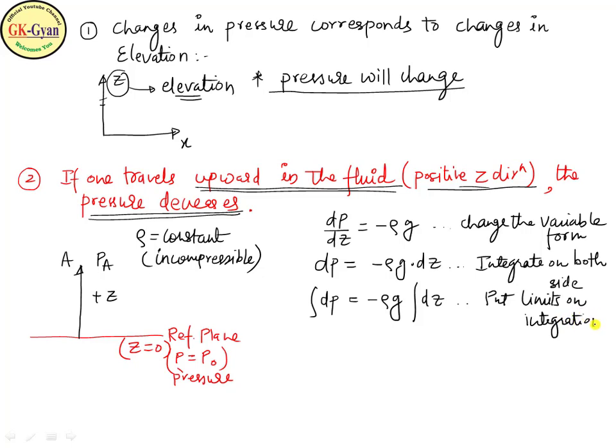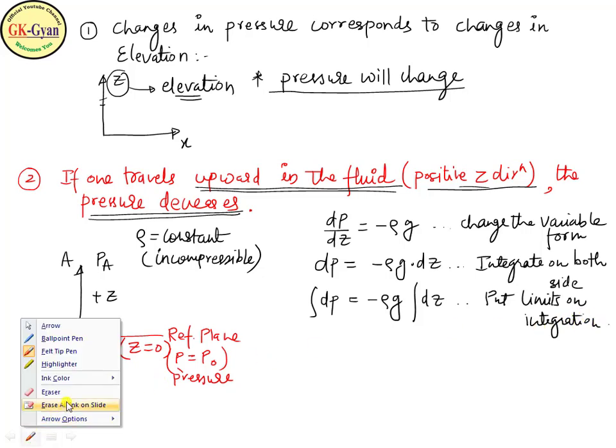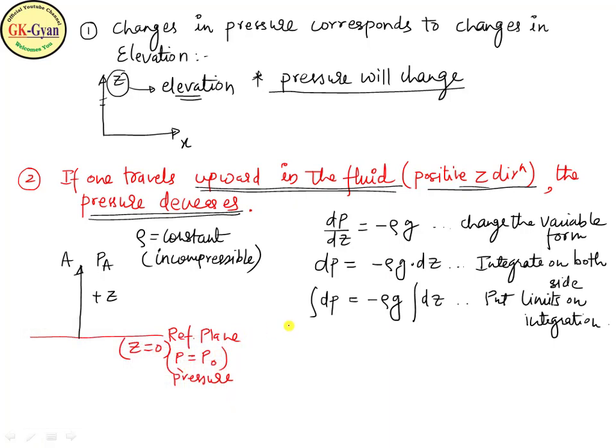What are the limits? We have to find out. Pressure changes from P0 at this level to PA at point A at the higher level, and z will change from 0 to positive z. So here limits will be 0 to z.